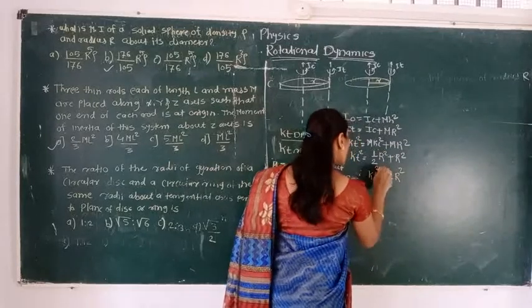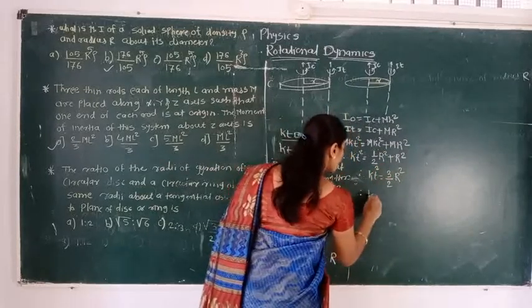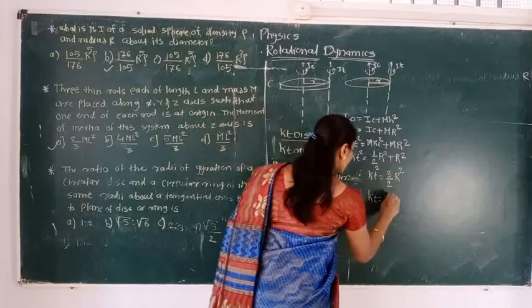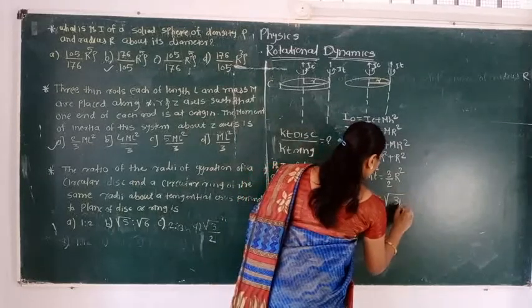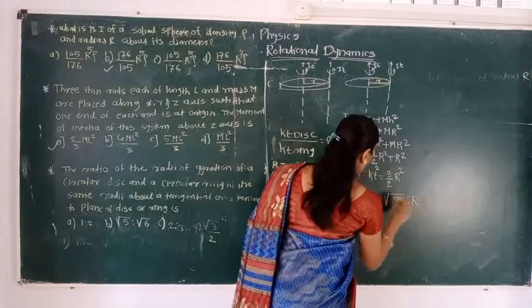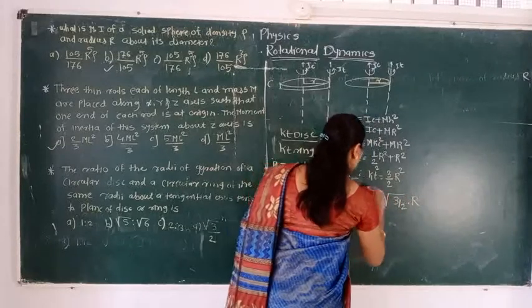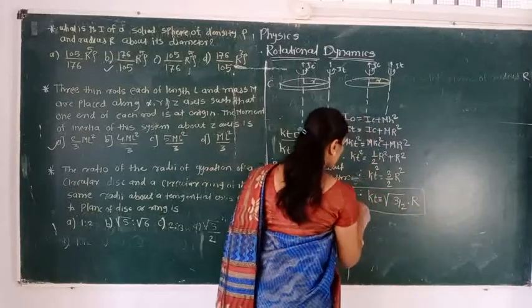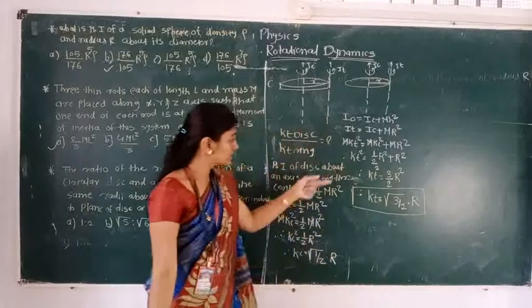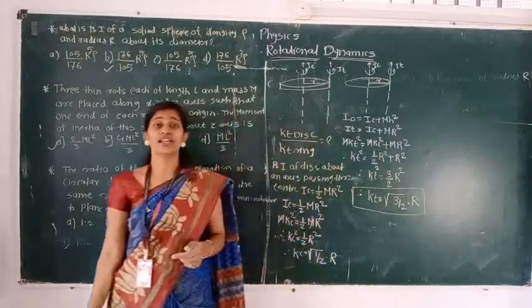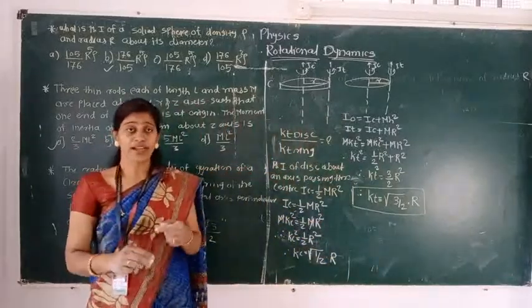It is the value of Kt square, and then we are getting Kt is nothing but root 3 by 2 into r. So this is the value of the radius of gyration of a disc about an axis passing through the tangent.